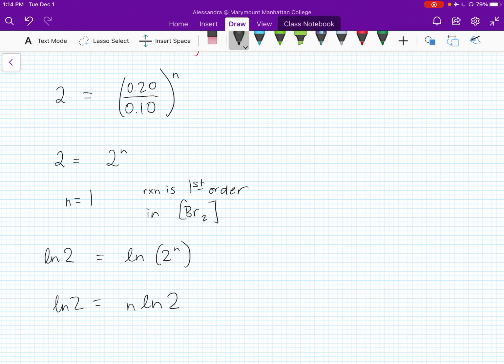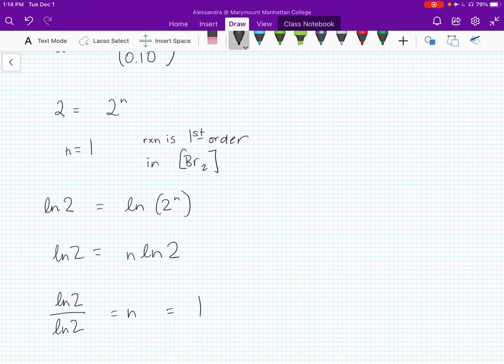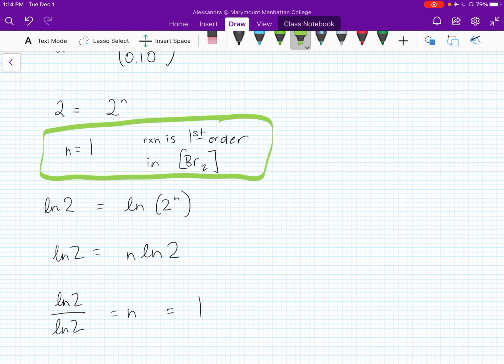You can pull the exponent out in front of the natural log, and then natural log of 2 over natural log of 2 is equal to n, which of course is equal to 1. If you have something more complicated, that is just a reminder on how to pull the variable out of the exponent. So we figured out that n equals 1 and the reaction is first order in bromine.